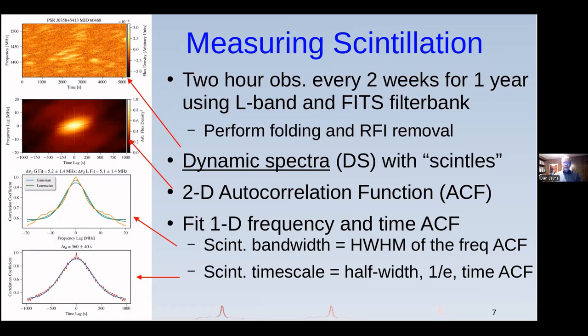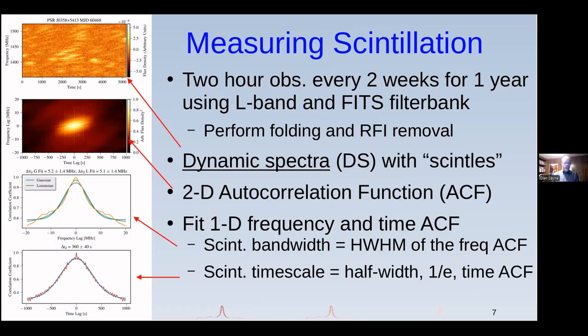Once we collect the data, we perform the folding just like we do at Haswell, and we remove RFI. Then we form the dynamic spectrum, which I said is just a wideband waterfall, and that's on the upper left. Then you take that dynamic spectrum and slide a copy of itself over the top until it matches, and you get the two-dimensional autocorrelation function.